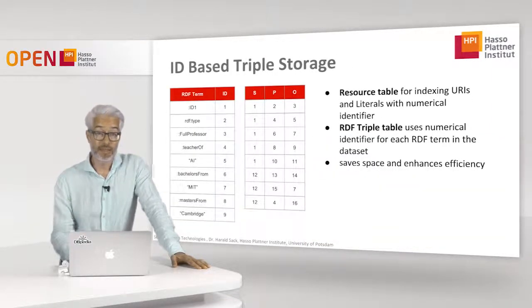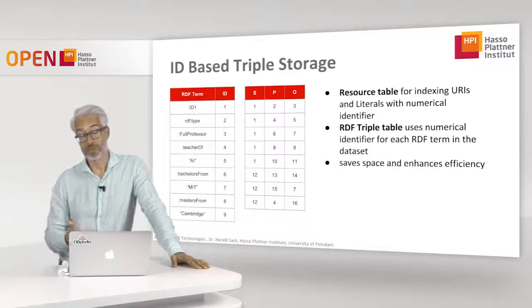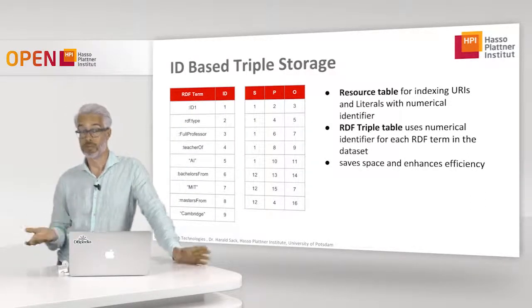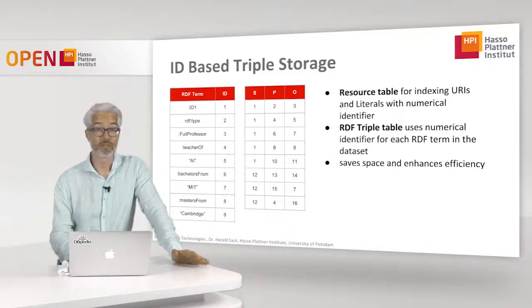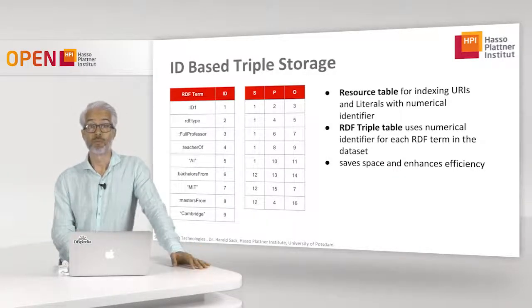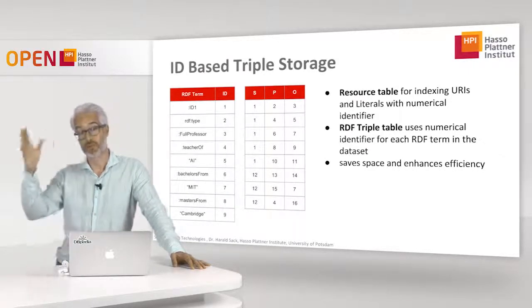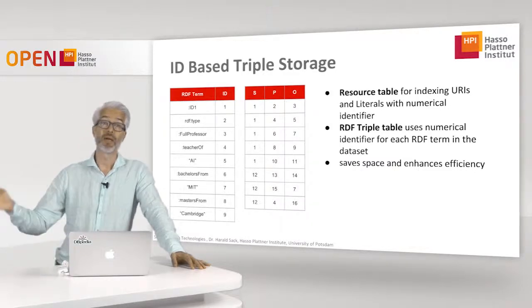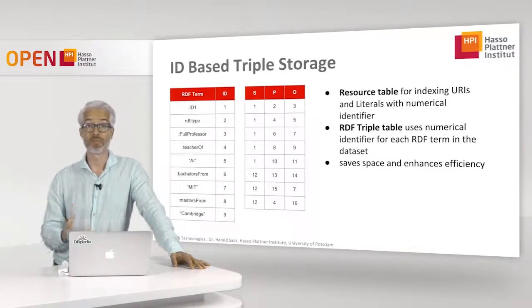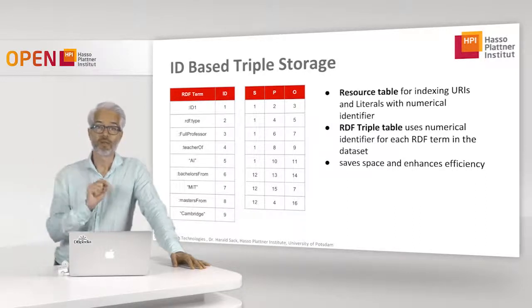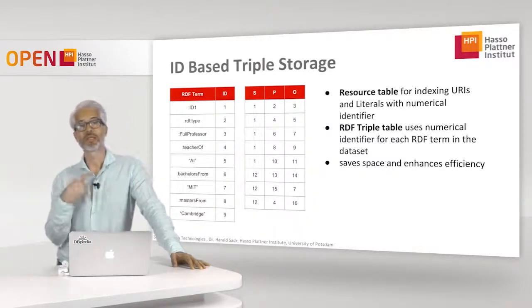So the first thing I can do to improve performance a little bit is, of course, in triples I'm always using URIs, for example, or huge literal values. And to speed up the join on the table, I could substitute all the URIs that I use, if they occur several times, and make an extra table which I call resource table, where I index all URIs and literals with numerical identifiers.